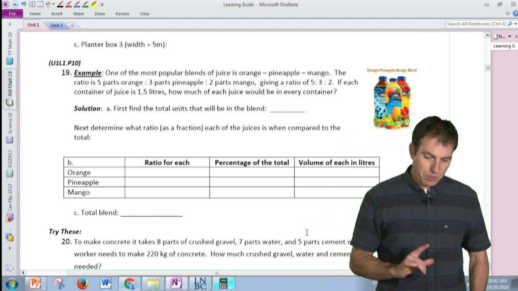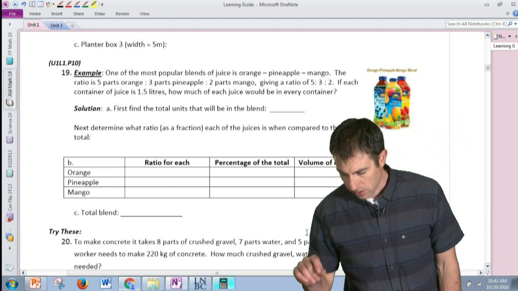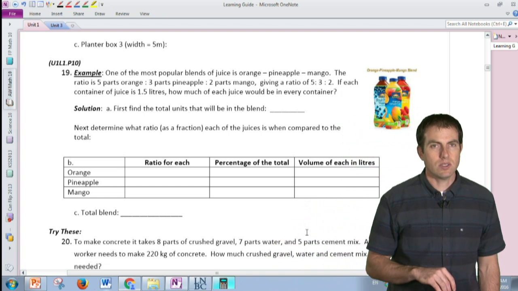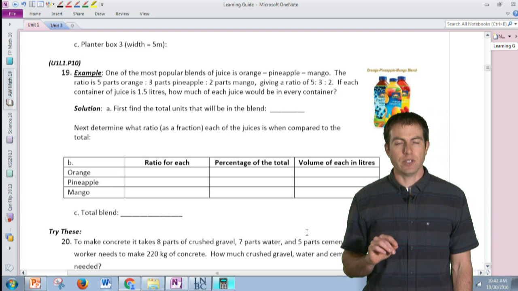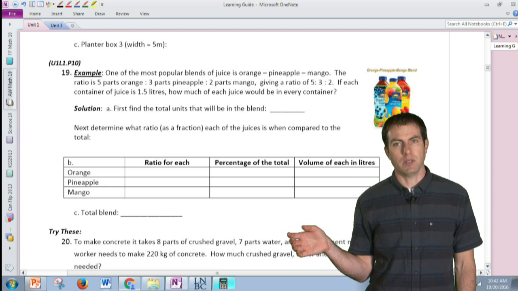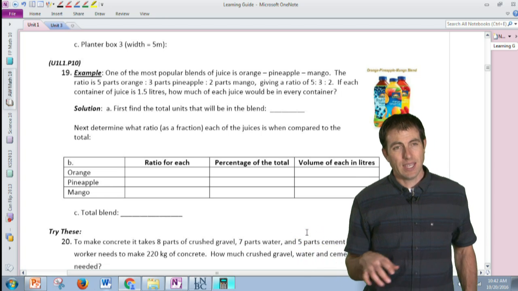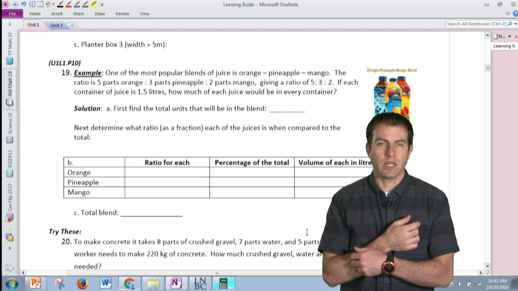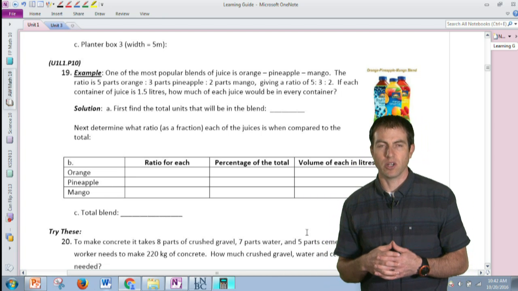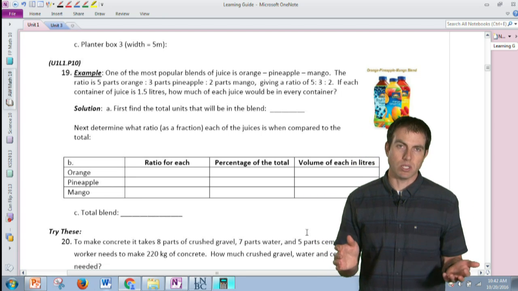These questions, number 19 and 20 and the rest of this next page and a bit, are tricky at first, but as soon as you see how they're done, you'll see that they're all completely the same, and it's pretty straightforward. For some of you, organizing your work in a table is going to seem like a big waste of time, but it makes these questions so much easier.